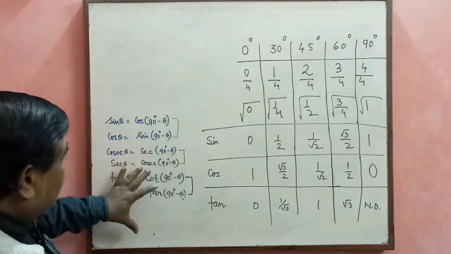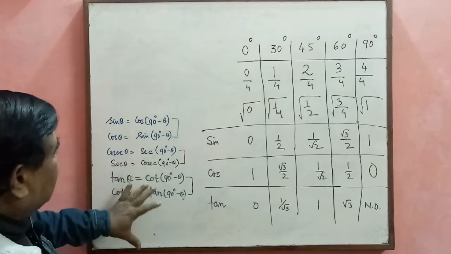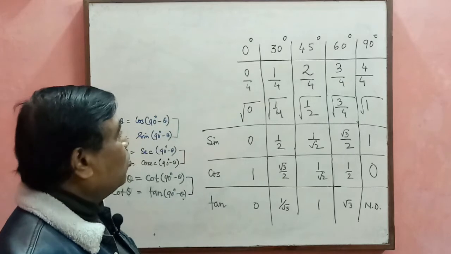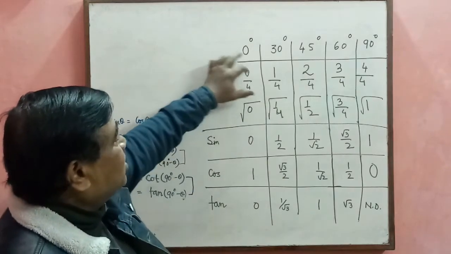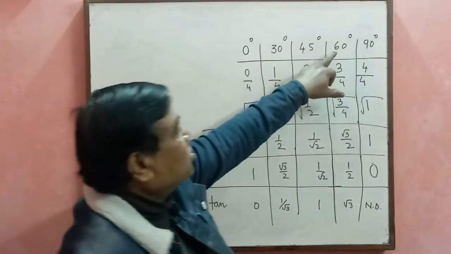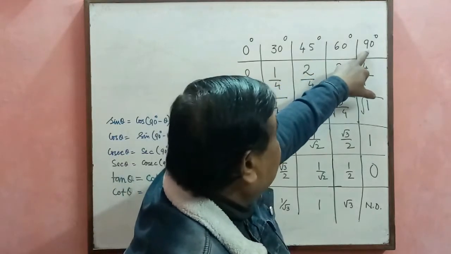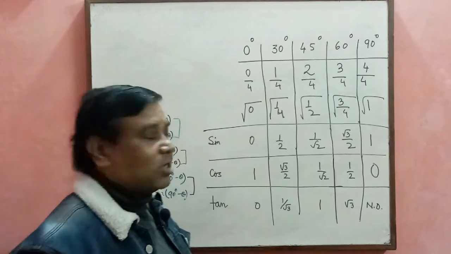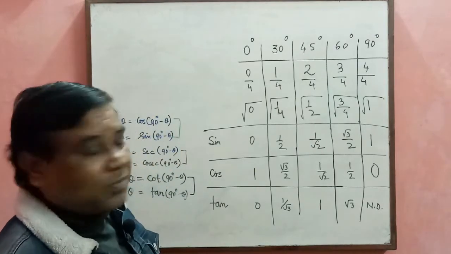This is the angular relation, and we know the values of 0 degree, 30 degree, 45 degree, 60 degree and 90 degree, in increasing order: 0, 30, 45, 60 and 90.